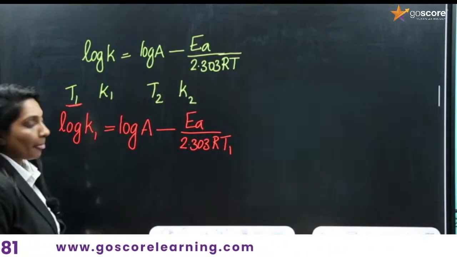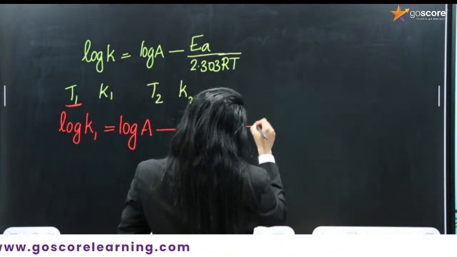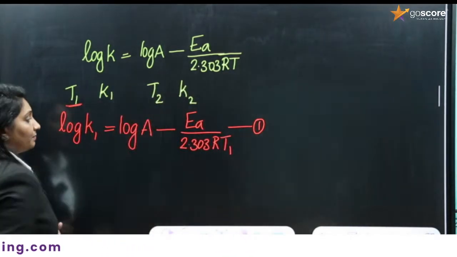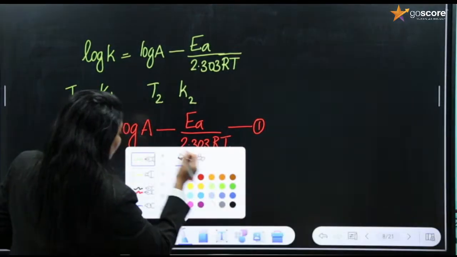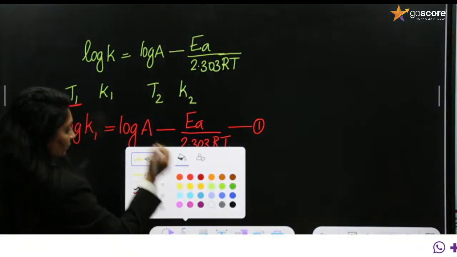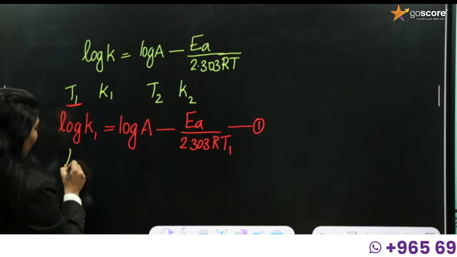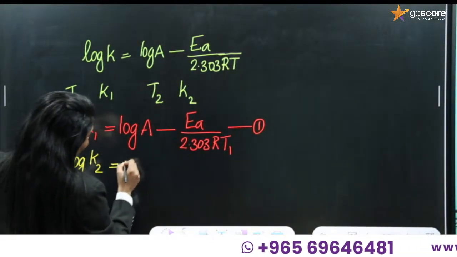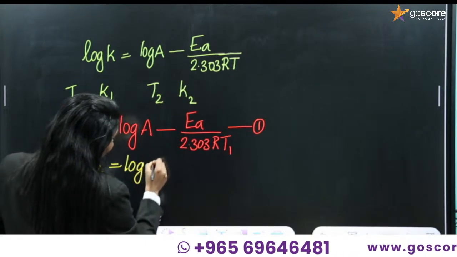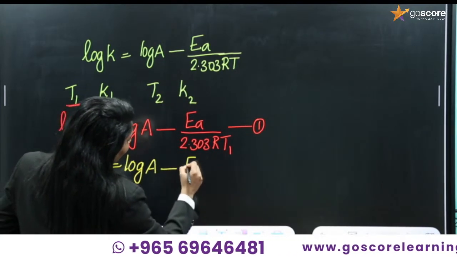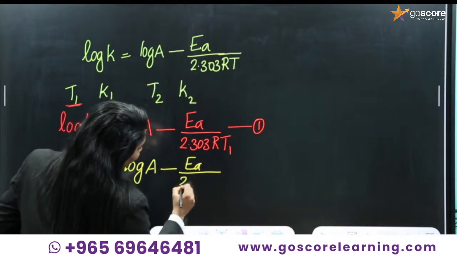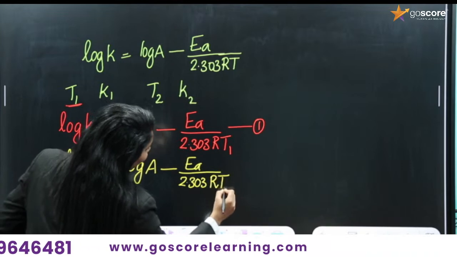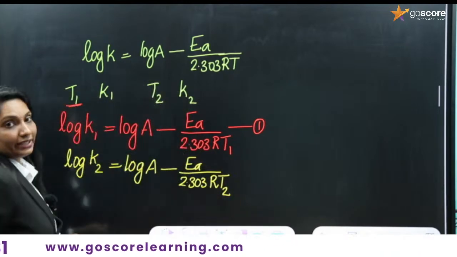Okay, take it as your first equation. For the second one, with rate constant K2, it will be log K2 is equal to log A minus Ea by 2.303 R into 1 by T2, where the temperature is T2.